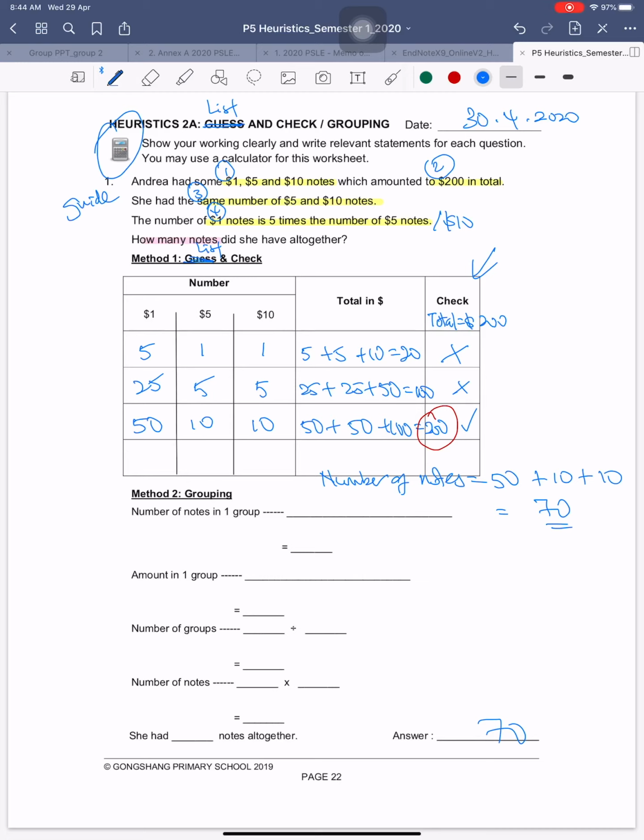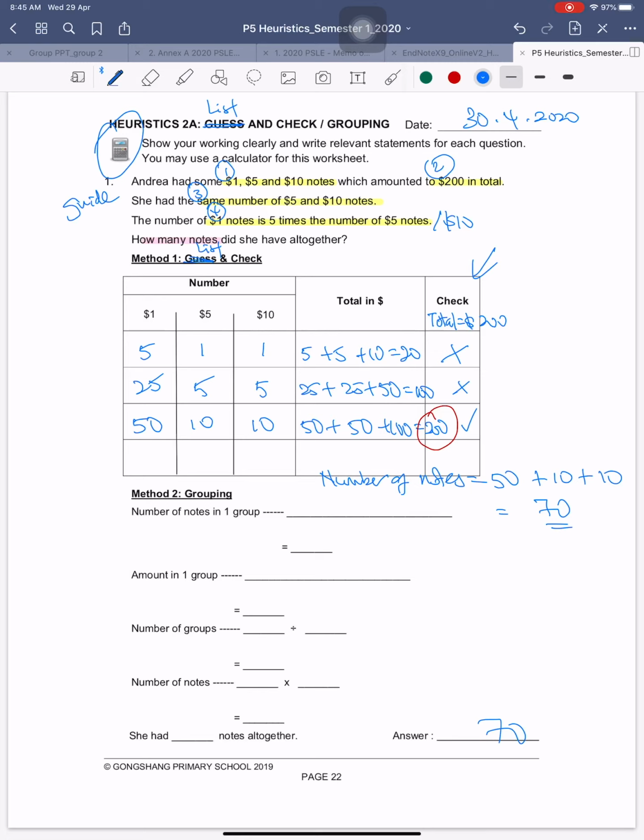Now what about the grouping method? For the grouping method, we are going to group them together, and we are able to do this because condition number 3 tells us that the number of $5 and $10 notes are the same. Condition 4 says the $1 notes are 5 times the $5 and $10 notes.